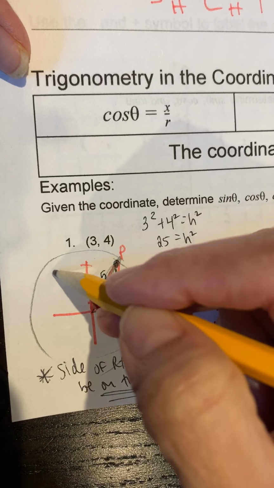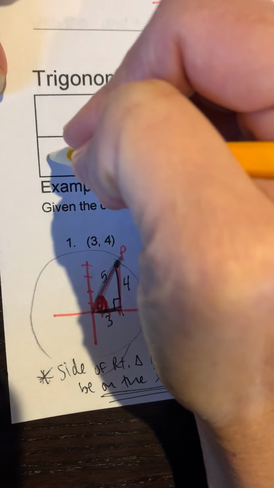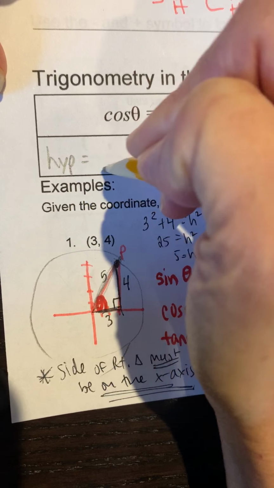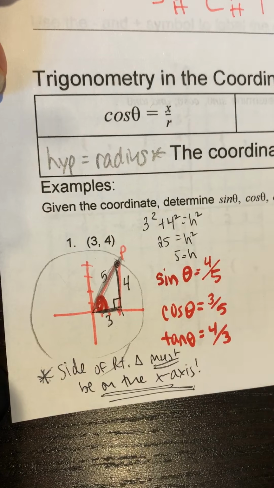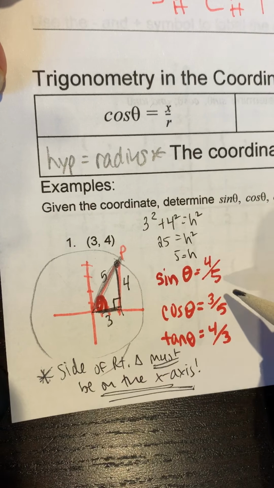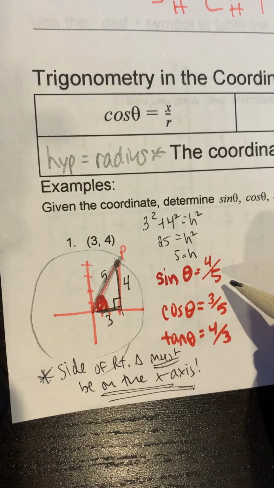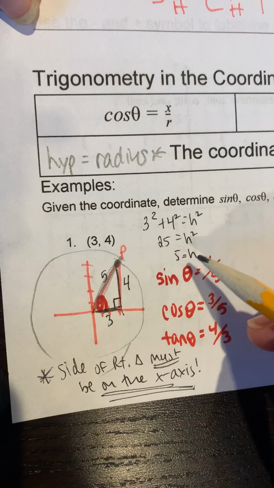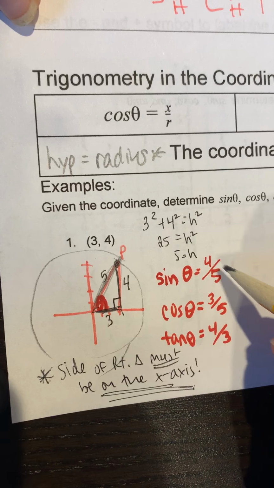No matter what, the hypotenuse is always the radius. So I'm going to make a little note here: hypotenuse is equal to the radius. It's very important. So in any case, this is 4 over 5 because it is the y. Oh, I'm sorry, this is your y, and it's y over r.